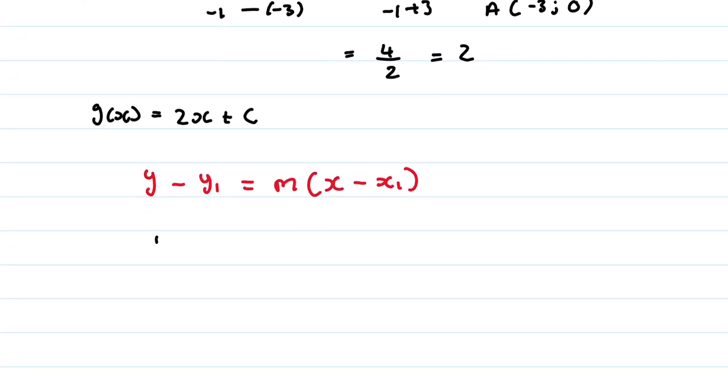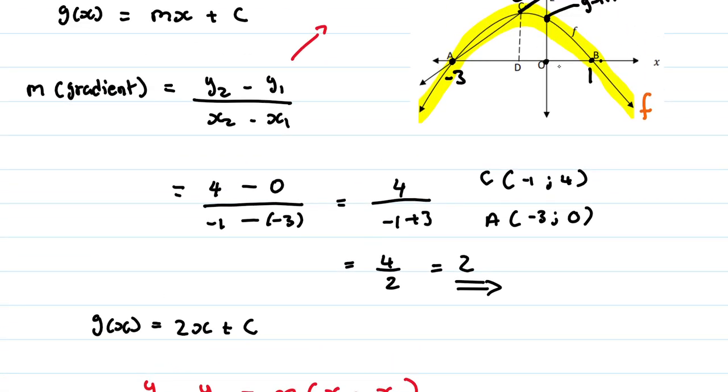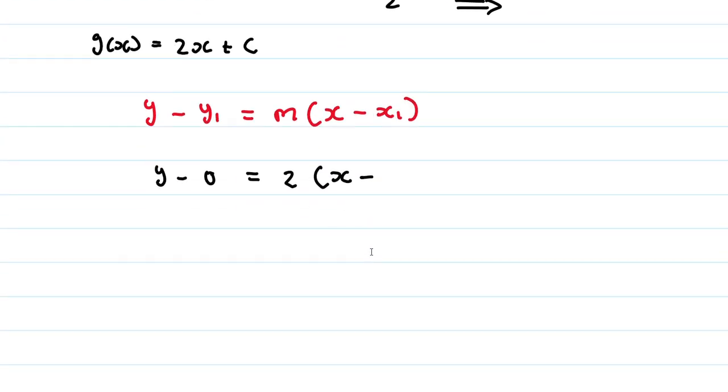So we have y minus 0 is equal to the gradient which we found previously. So we have 2x is just another value for the equation, and then x1 is the x value of point A, which is negative 3. So we have negative 3 over there.